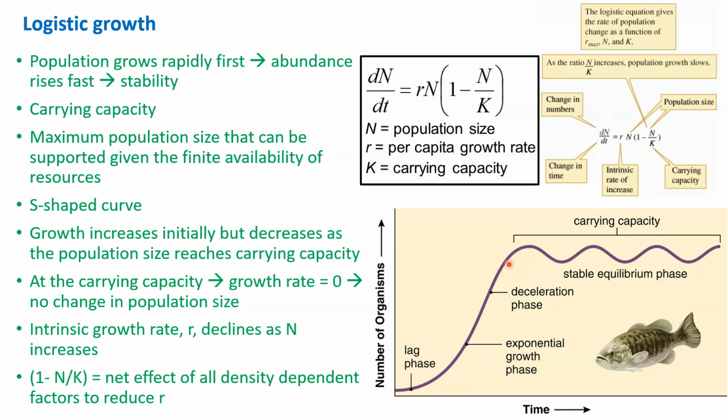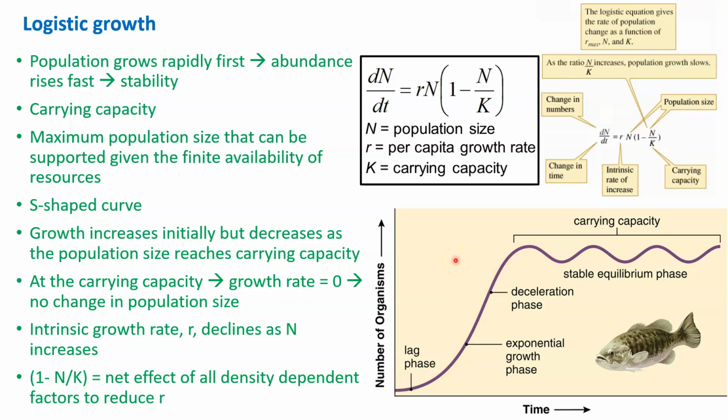So carrying capacity by definition is the maximum population size, the maximum population abundance that can be supported given the finite availability of biological resources. Right? So this particular curve is roughly S-shaped, kind of a weird S-shape.